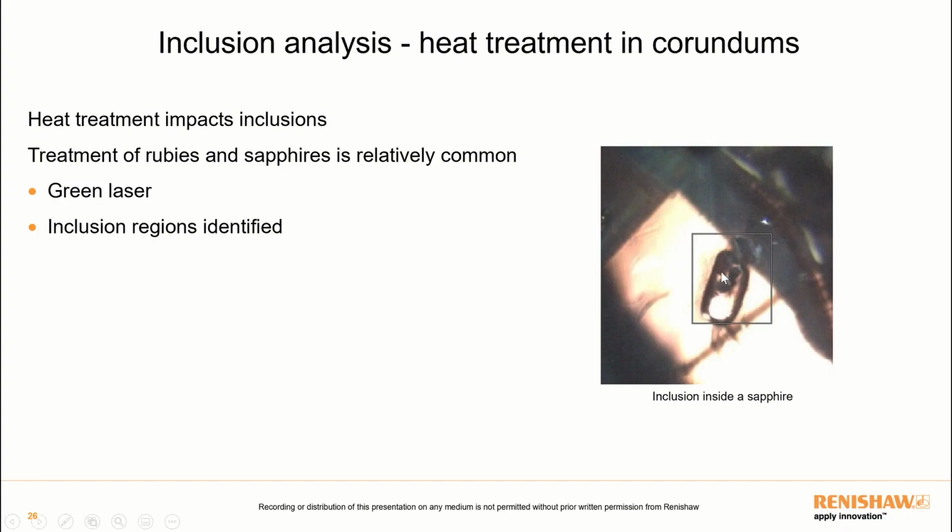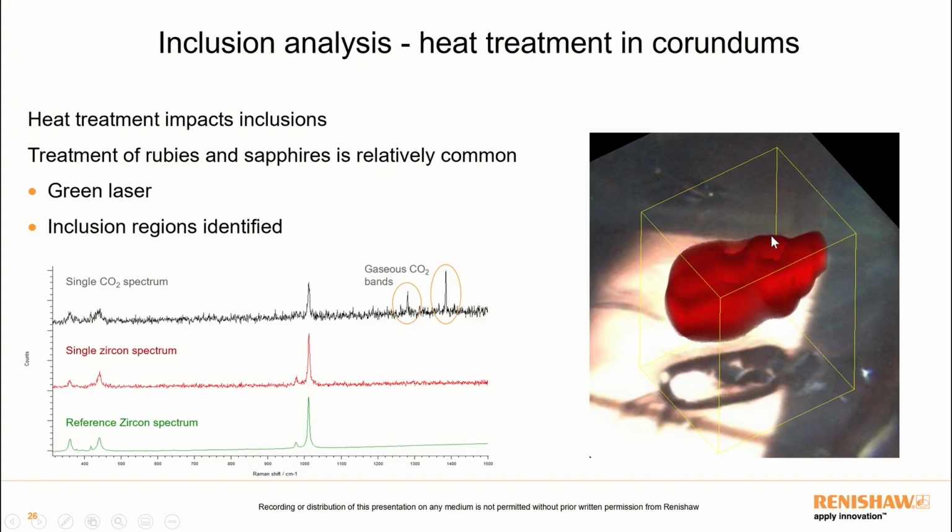So we see here the optical image of the inclusion when illuminated in transmitted light. And we see now here the 3D Raman image of the inclusion. How did we build this?